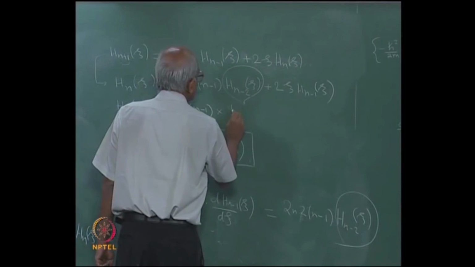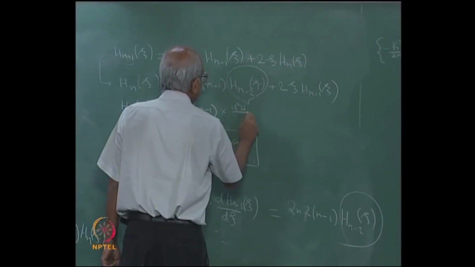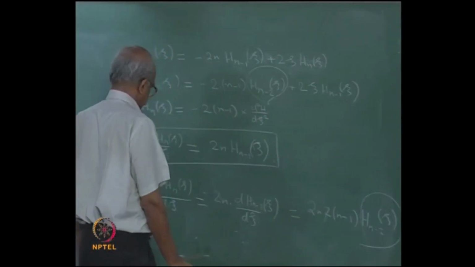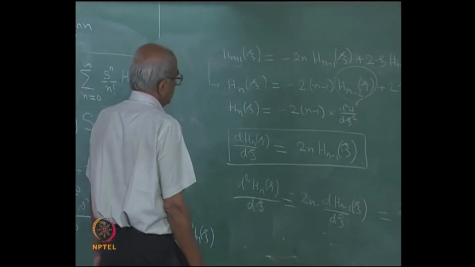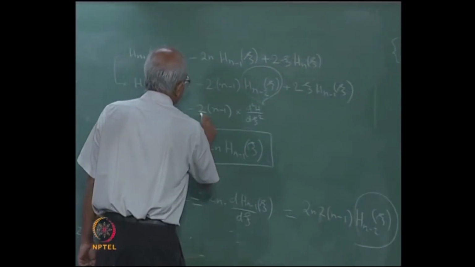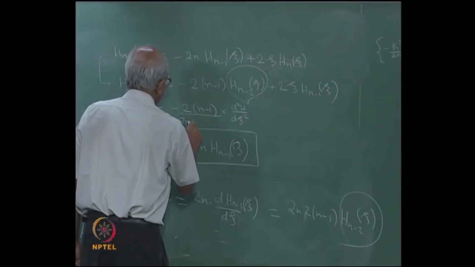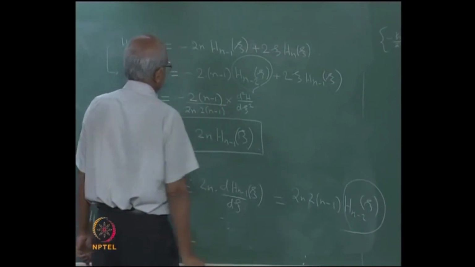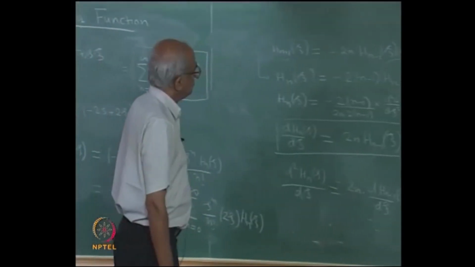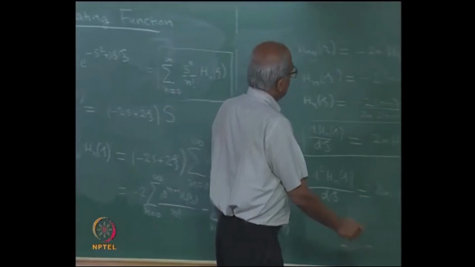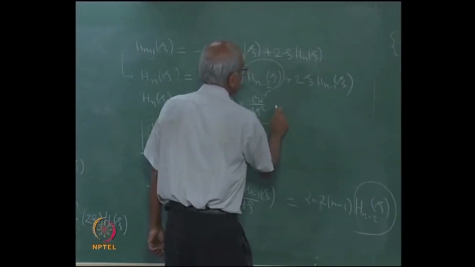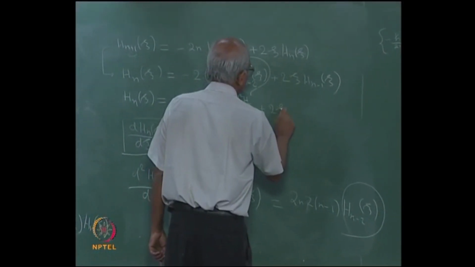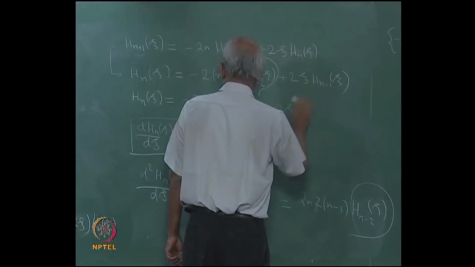So, d square h by d c square divided by 2 n into 2 into n minus 1 plus 2c h n minus 1.